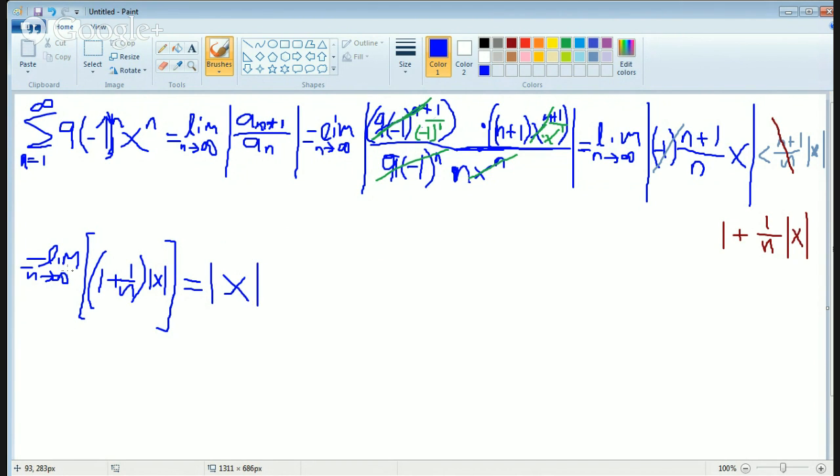So the limit as n approaches infinity of 1 plus 1 over n times x is going to be x, because that's going to have to be 0. And you also divide that and that's also going to be 0.